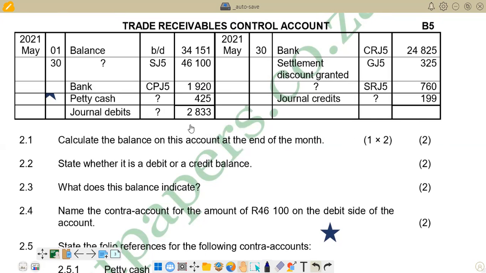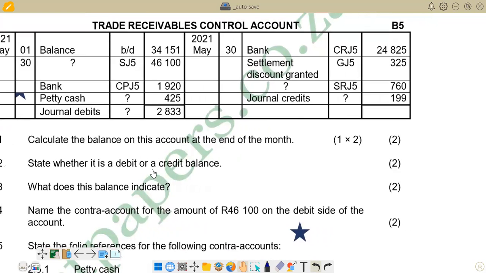And where we have a smaller total, that's where you are going to have the balance CD. The balance CD will be the difference between the bigger total and the lesser total, on the side with the lesser total. Then the balance BD will be on the other side below the double lines. So these are the steps that we use when we are balancing an account.